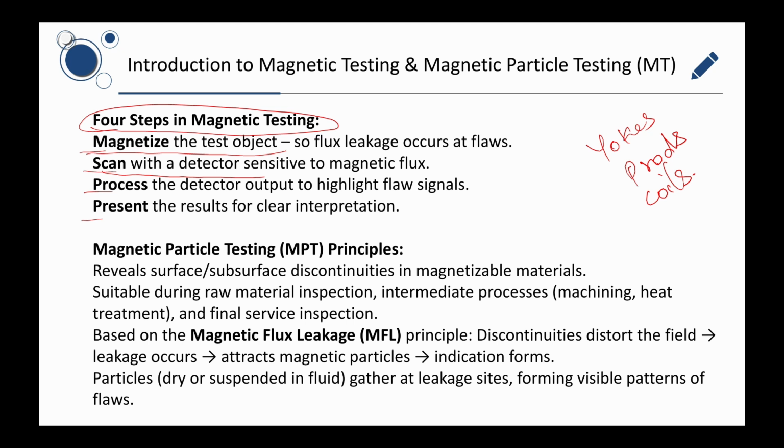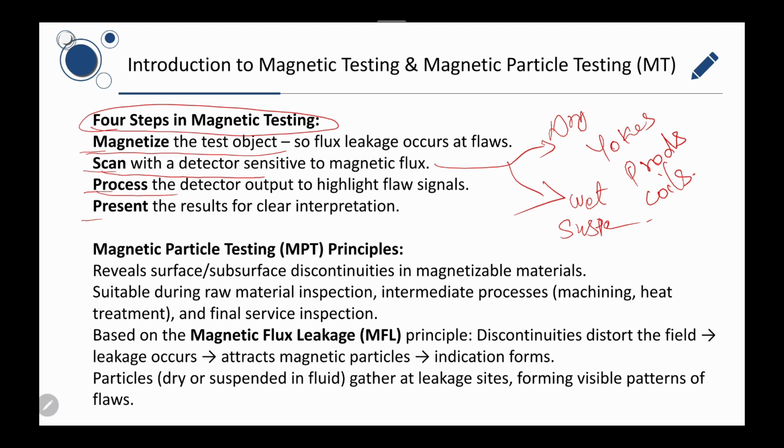Dry powder for rough surface or outdoor work, wet suspension for high sensitivity. So here we are using one dry powder and another one is wet suspension. The magnetic particles migrate and cluster at leakage points, forming a visible indication of flaws.